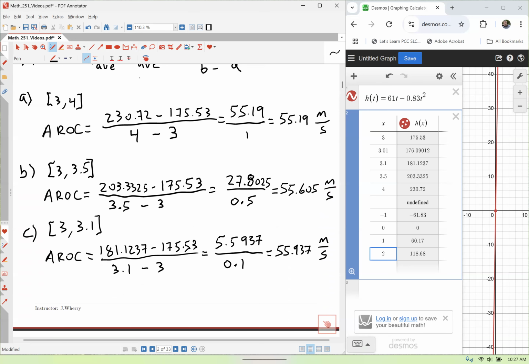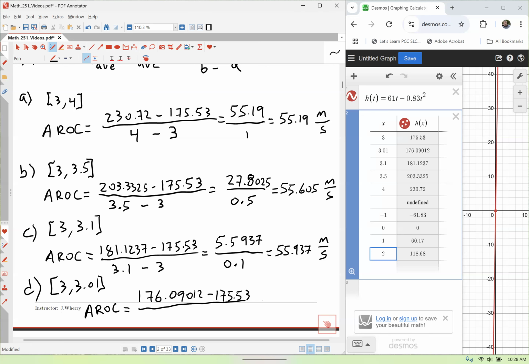Let's see what's going on for this last interval from 3 to 3.01. Average rate of change is equal to, I'm looking at the change in my y values, using the table to get that 176.09 for that first value. Second value is 175.53.